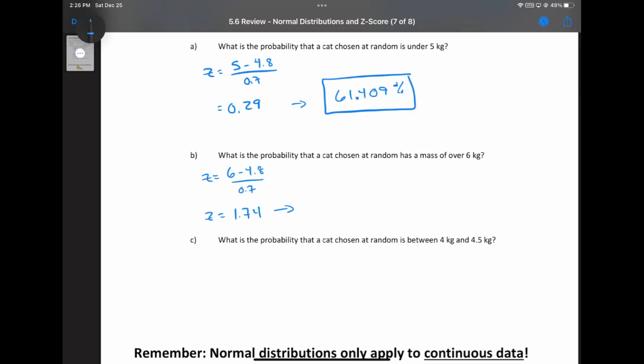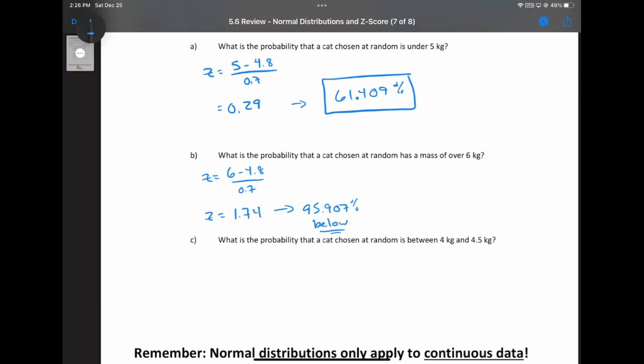Then I use that on my z-score table, look up 1.7 in the left column, read across to 0.04, and I'm getting 95.907. Just a reminder that, in much the same way as part A, the percentage we get from the z-score table is always below.